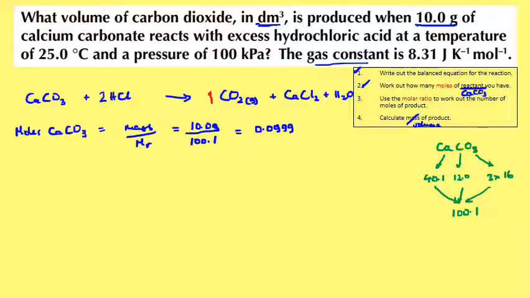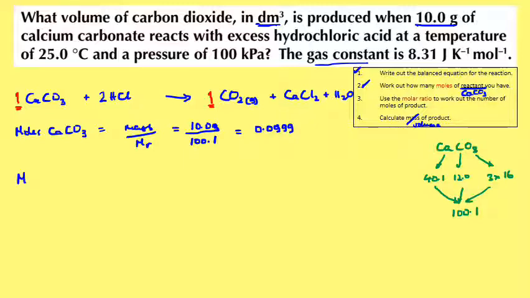that there's the unwritten 1 in there for carbon dioxide, and we're going to compare that to the number of moles of calcium carbonate, and there's the unwritten 1 there as well. So our molar ratio is 1:1, which means that for every 1 mole of calcium carbonate, we're going to produce 1 mole of carbon dioxide.